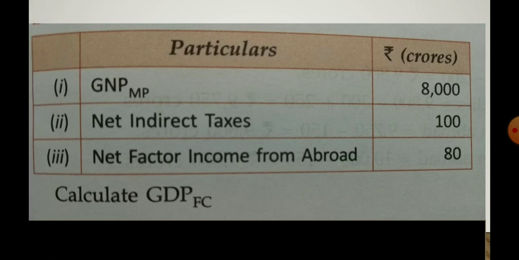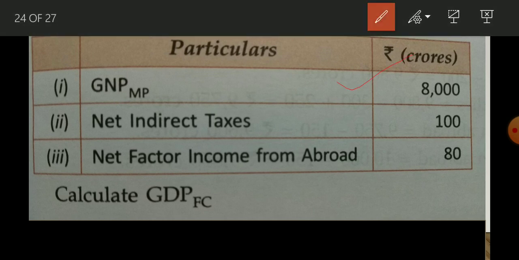Now let us do one numerical question. Here is given GNP MP is 800, net indirect taxes 100, net factor income from abroad is 80. Now we have to calculate GDP FC. Okay, so how will you do it?